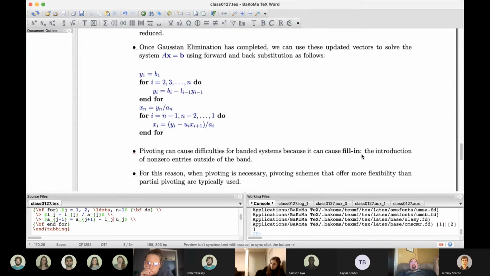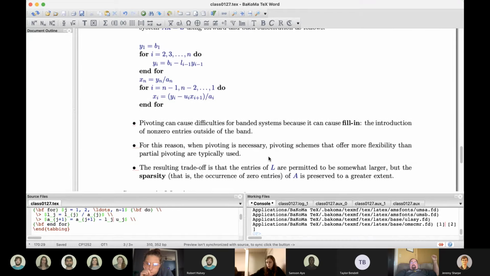So what do people do in this case? One option is changing the pivoting method. Like, for example, with partial pivoting, you look in your column and you find the largest entry and you swap that into the diagonal position. Maybe you don't insist on the largest. Like you're not going to require that the multipliers are less than or equal to 1. Maybe you require that they're less than or equal to some other factor.